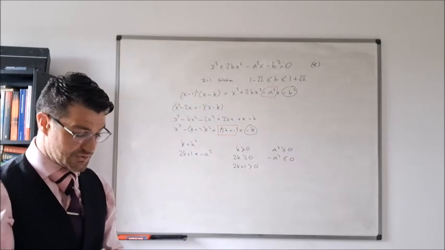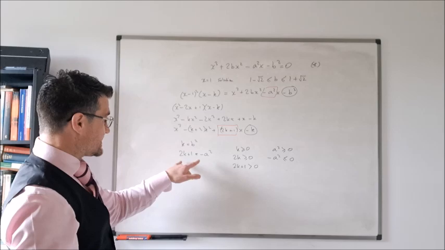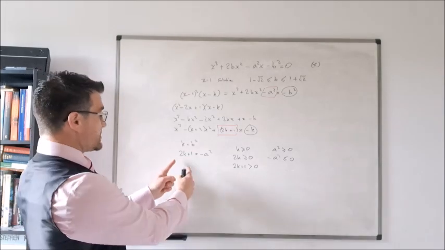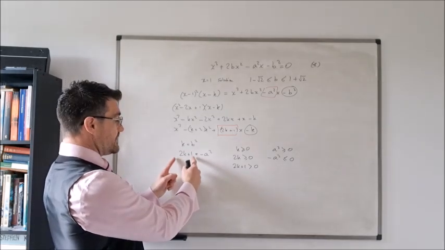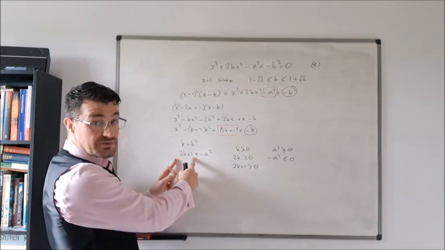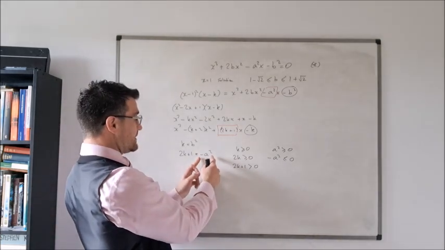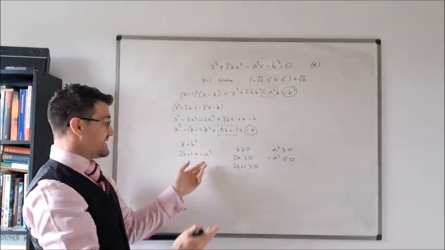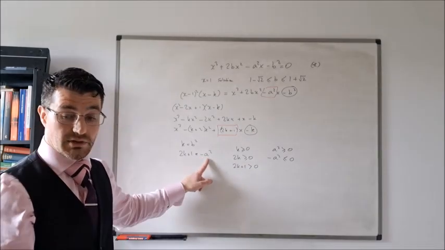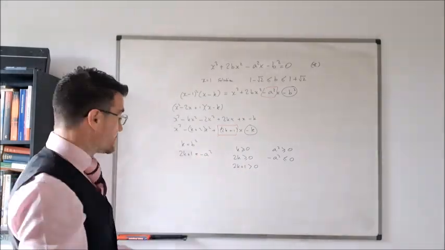Well, this is a direct contradiction, because we're effectively saying with this equality that something that is positive and non-zero is equal to something which is non-positive, is negative or possibly equal to 0. This is a direct contradiction.